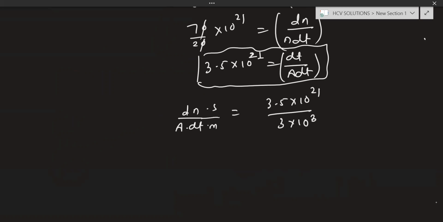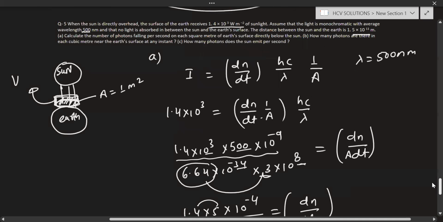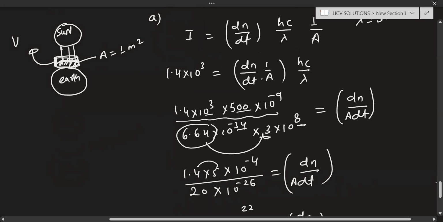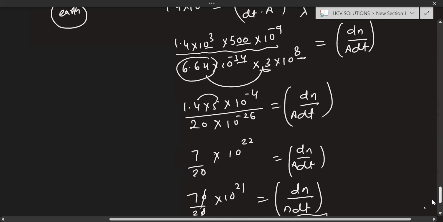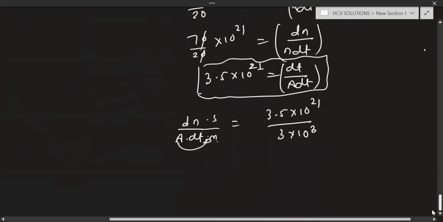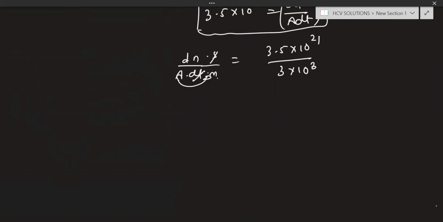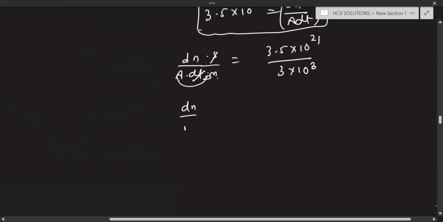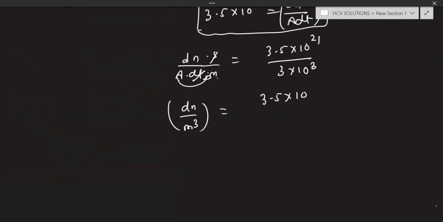The volume is area into meter, basically the depth covered by the photons in one second, so the seconds cancel and you get the number of photons per cubic meter. Subtracting 8 from 21 gives 13, and dividing 3.5 by 3 gives approximately 1, so you can write about 10 to the power 13.